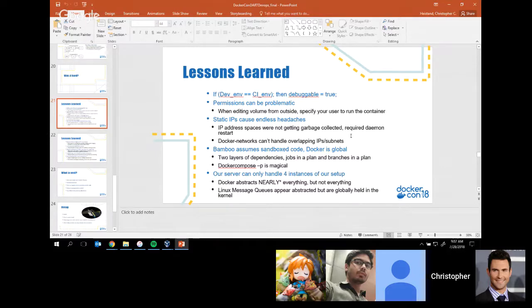But as far as what happens when that fails, we just chalk it up to Docker had a problem, and we're able to rerun it in Bamboo. Okay, I get it. Hopefully that answers your question.